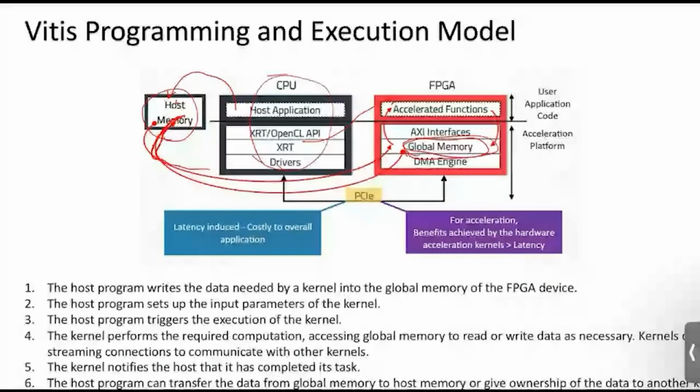So you move the data to global memory, and then the accelerator function gets the data from global memory. Here there are two things you have to pay attention to. First, to move the data from host memory to global memory, you use some sort of DMA.